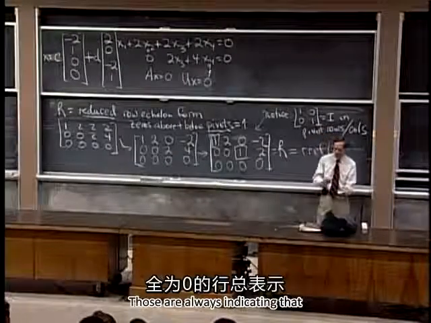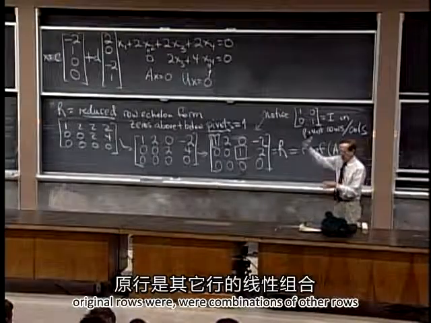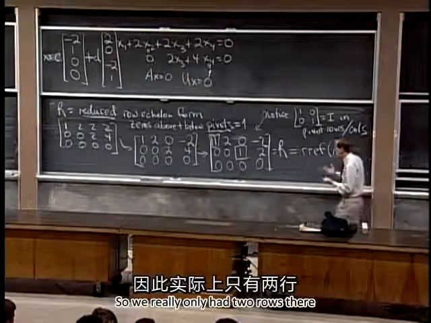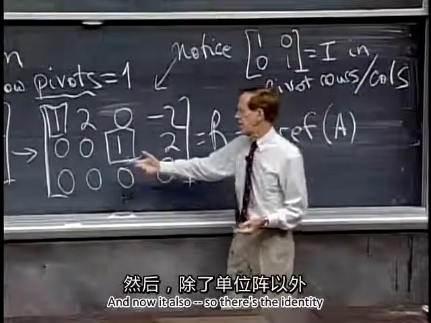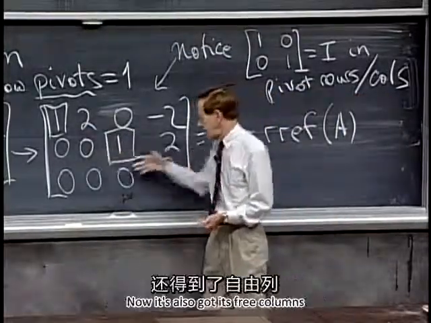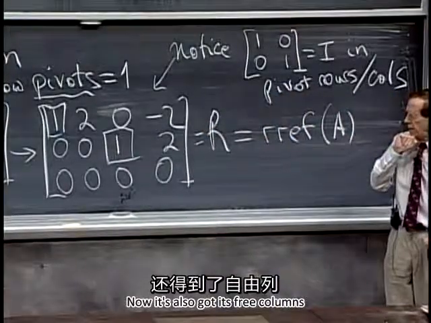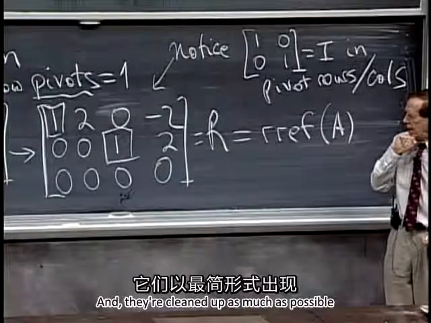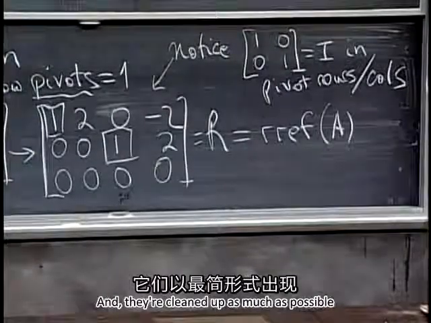Those are always indicating that original rows were combinations of other rows. So we really only had 2 rows there. And now, so there's the identity. Now it's also got its free columns.